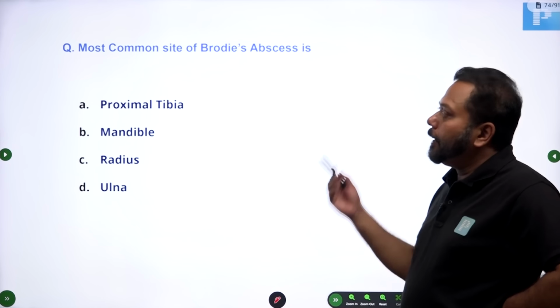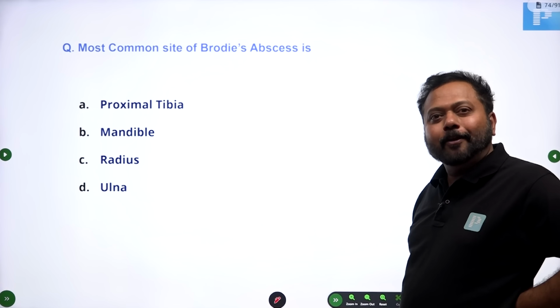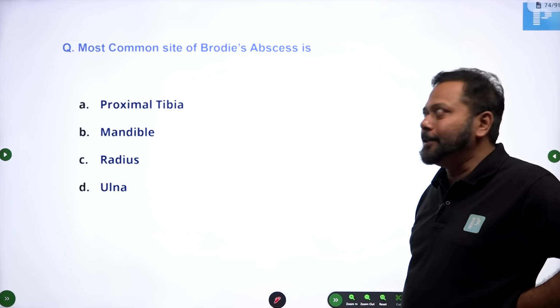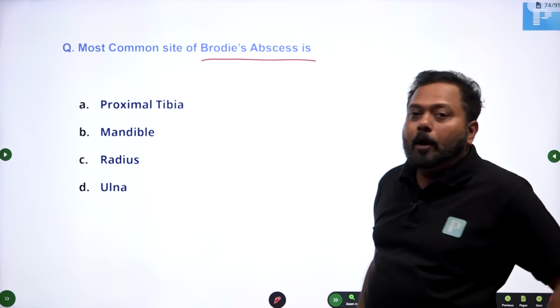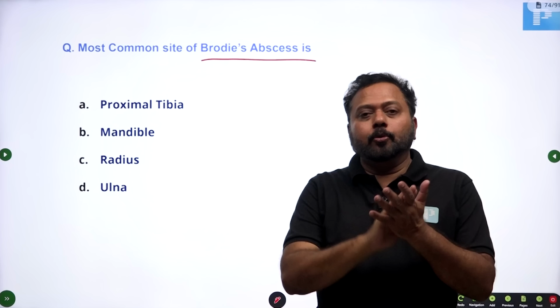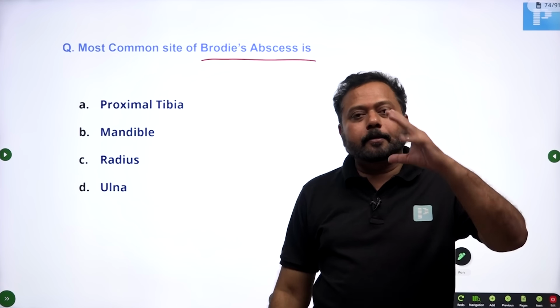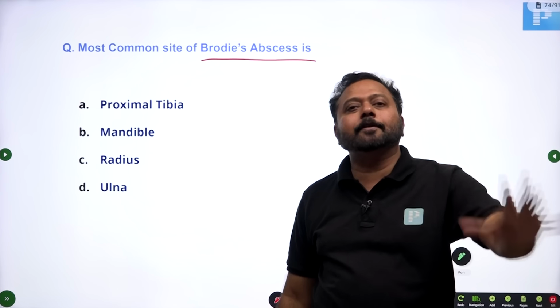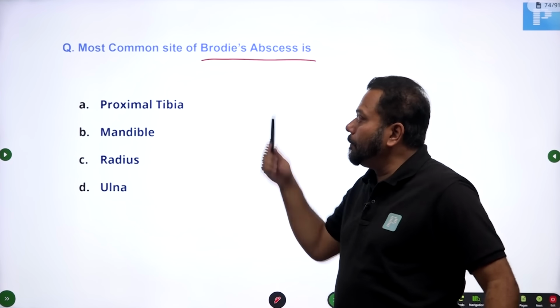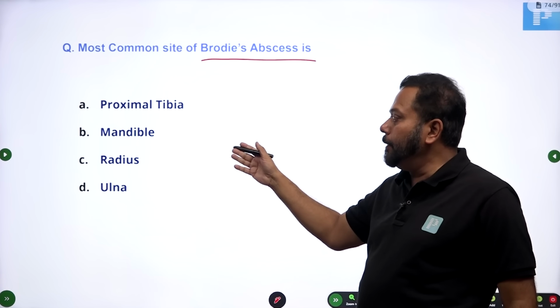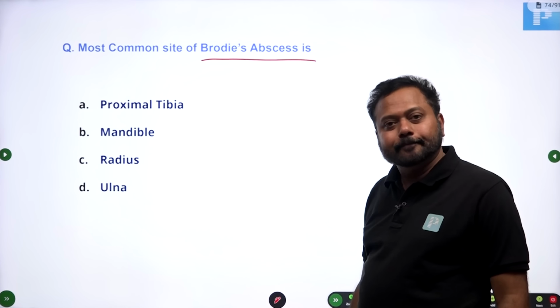Right, coming to the next topic, a very favorite topic in FMGE, most common site of Brodie's abscess. You know, osteomyelitis is divided into acute, subacute, chronic. Under subacute, most important is Brodie's abscess. So, Brodie's abscess is a subacute osteomyelitis. Most common sites: proximal tibia, mandible, radius, ulna.